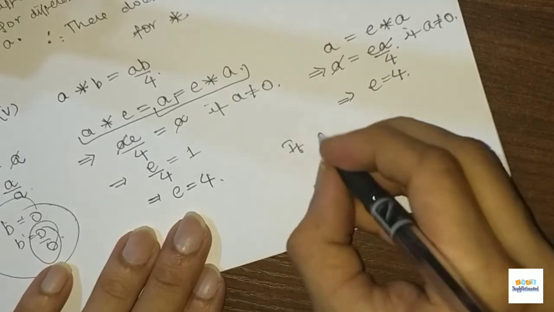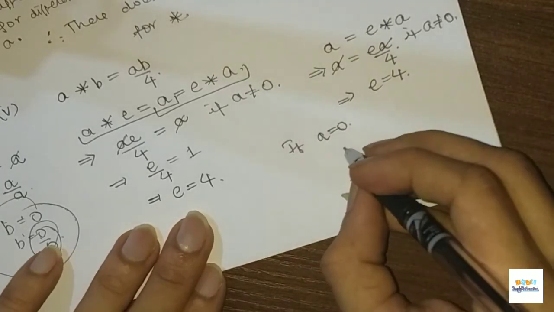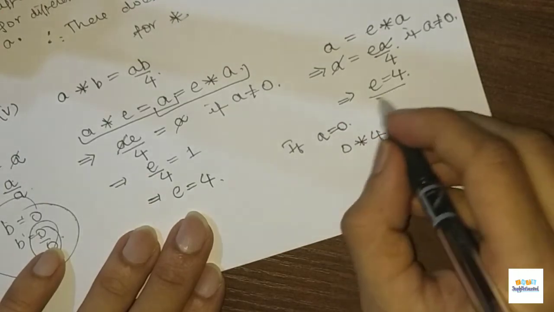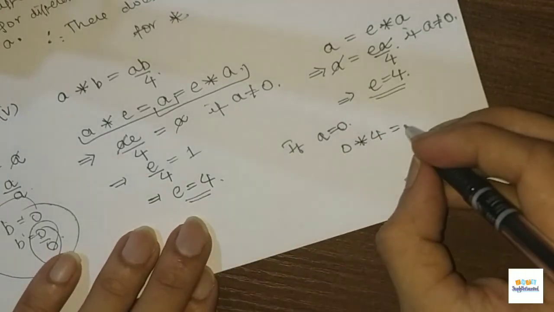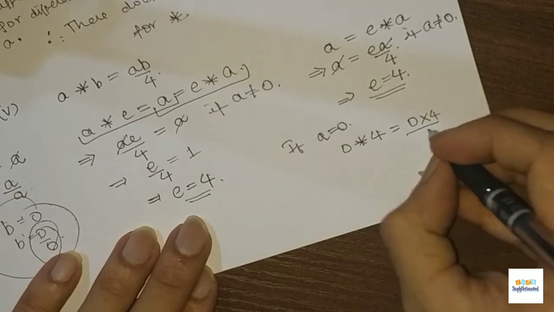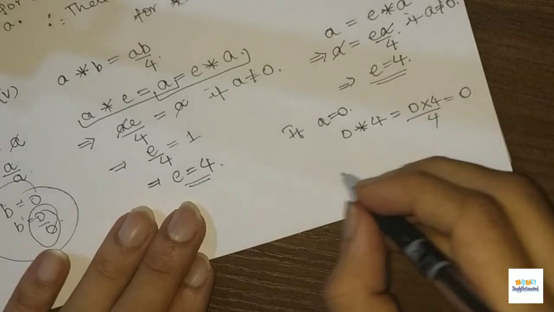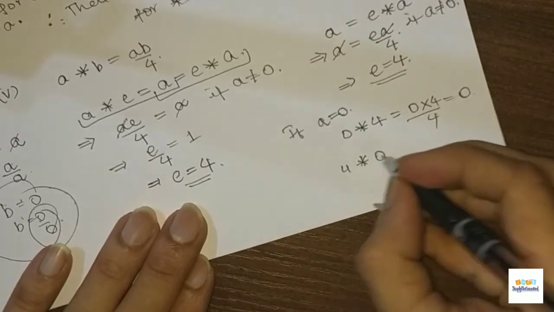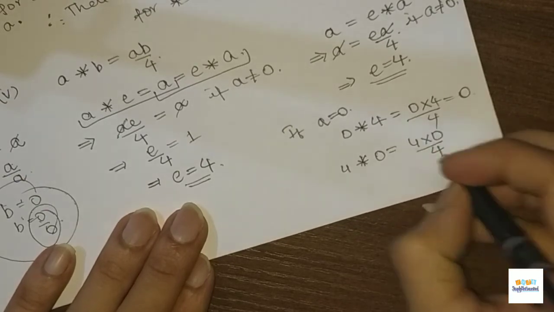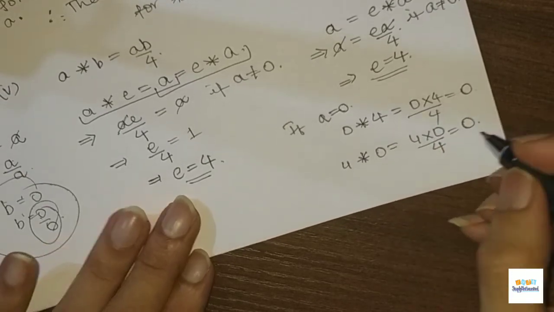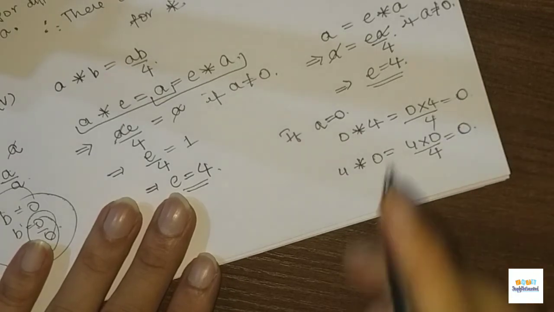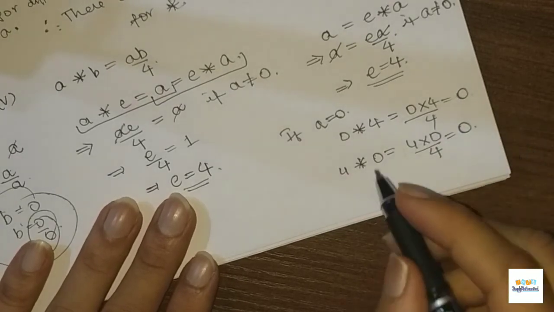So if a is equal to 0, you will get 0 star 4, right? If we take identity element as 4, we will get 0 multiplied by 4 divided by 4, which is 0 only, right? And what about 4 star 0, 4 multiplied by 0 divided by 4, which is again 0, right?